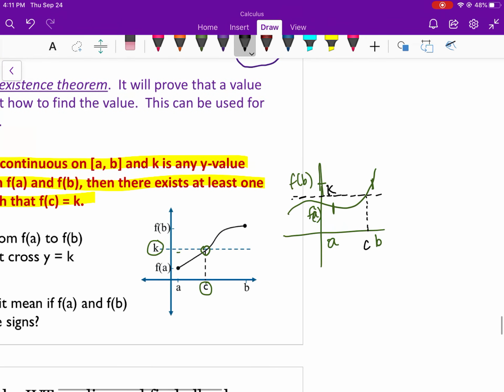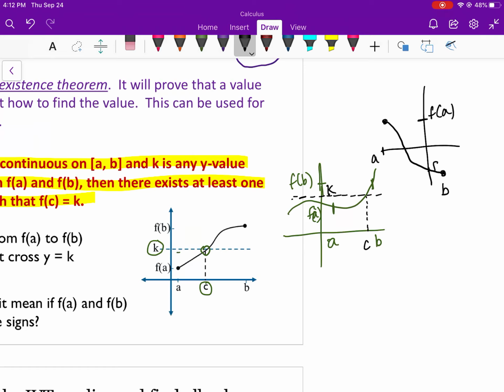All right. Another application of this would be looking at something like this. Let me do that differently. Hang on. Okay. Here we go. Let's go from here to here. If this is A and this is B, this is f of A here.